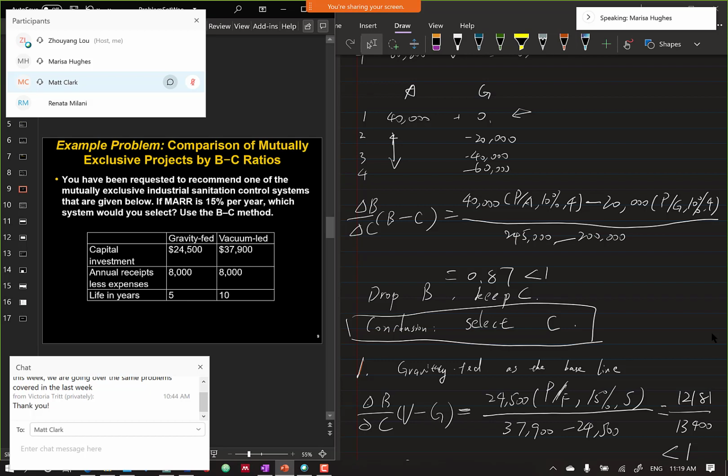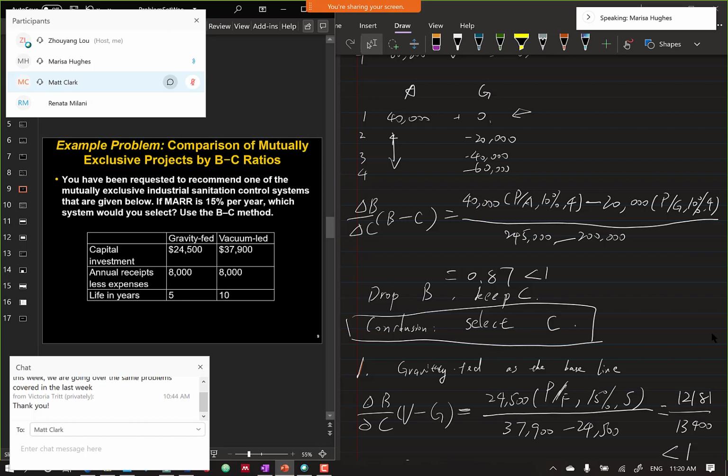I think that makes sense, but I'm wondering why on the numerator you wouldn't have to do 37,900 minus the present value of that second investment, or some combination of looking at the difference in the total investment over the 10 years for the gravity fed as opposed to the vacuum fed.